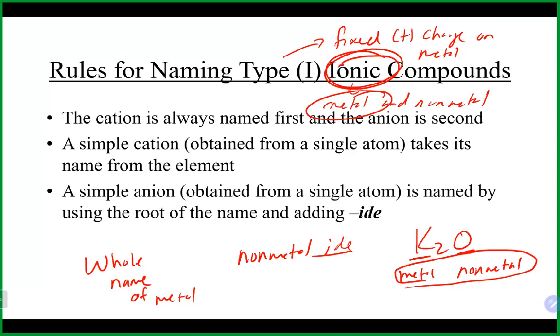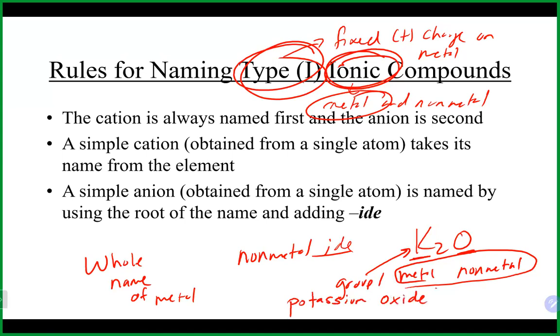And when we have a metal involved, the most important thing is that this metal is group 1, which tells me it has a fixed positive charge, and that tells me it's a type 1 compound. That's pretty much all I need to figure out at this point. Because it's a type 1 metal, I'm going to roll with the whole name of the metal, which is potassium. And the oxygen will drop the last part and get the -ide at the end, so it would be oxide. So it would be potassium oxide in this case.